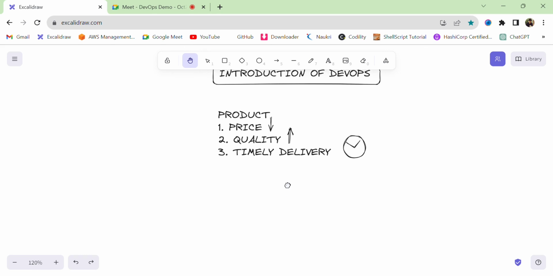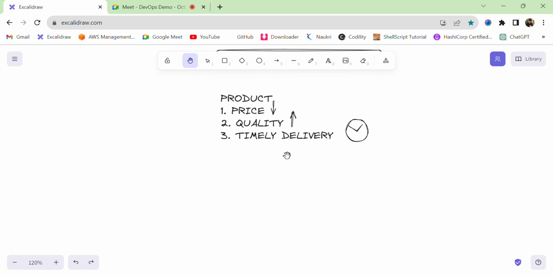Secondly, especially when we are talking about DevOps, there are many methods and processes followed by any organization. I am talking about this because even software itself is a product.